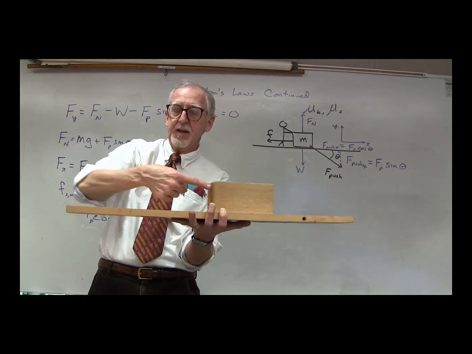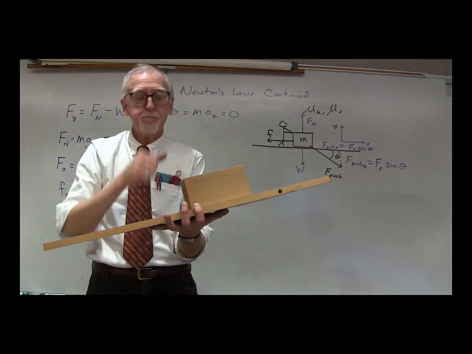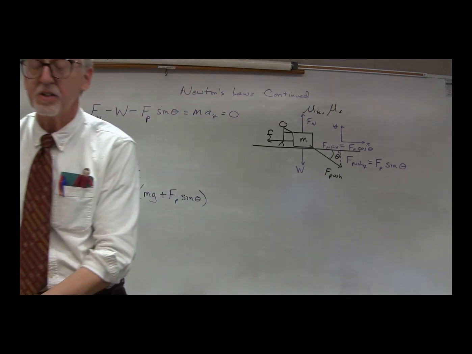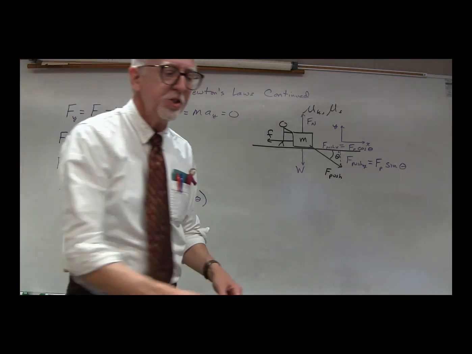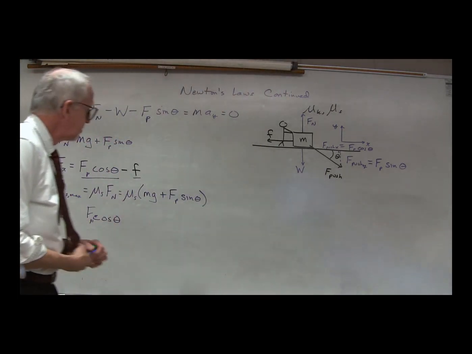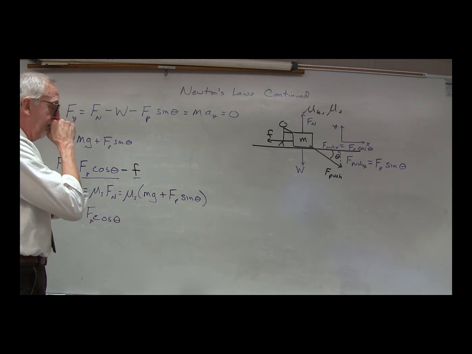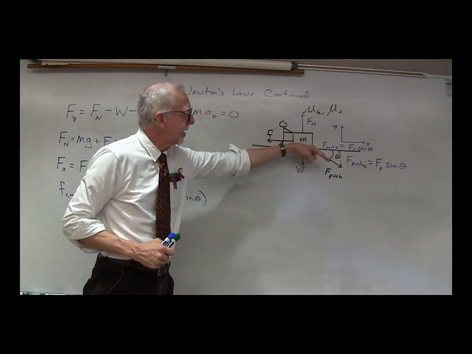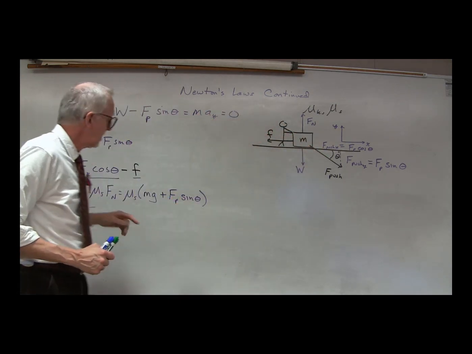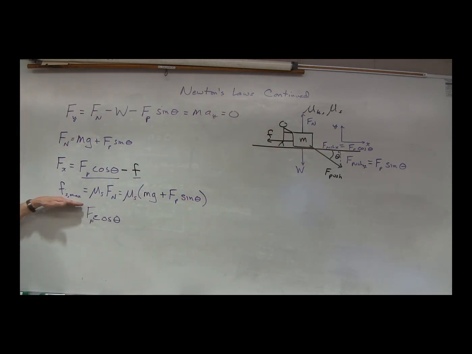But if I decrease the angle, then the block starts to slide. So what we see here then is a much more complicated relationship between the direction of push and how much friction we end up with.